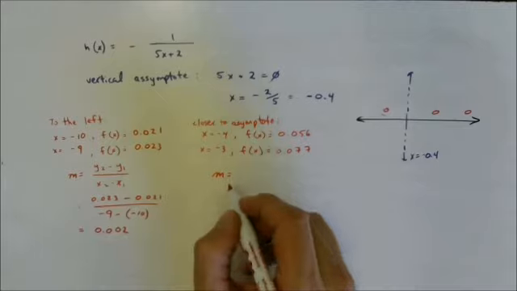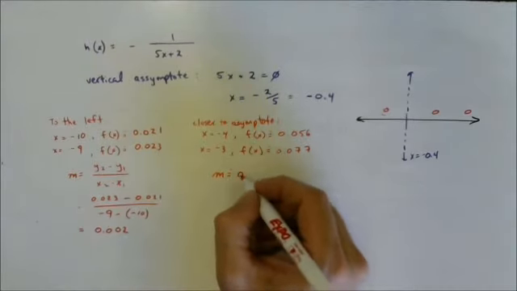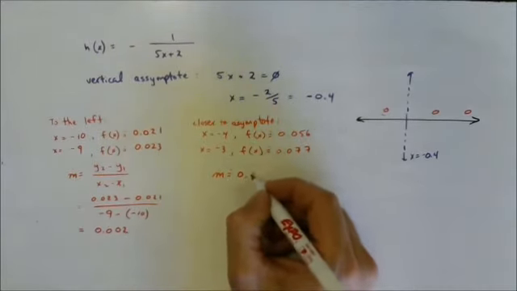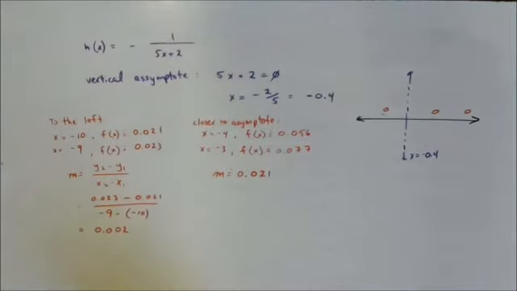And we'd end up with a slope of approximately 0.021. You say, well, that's a pretty straight across type slope, but it's significantly steeper than our previous slope, okay?